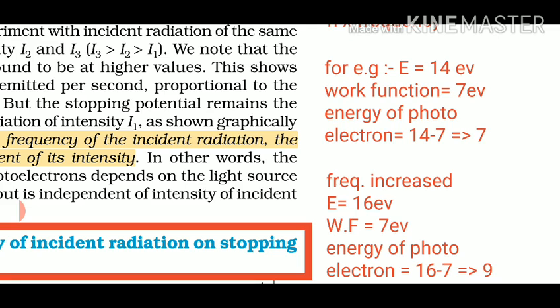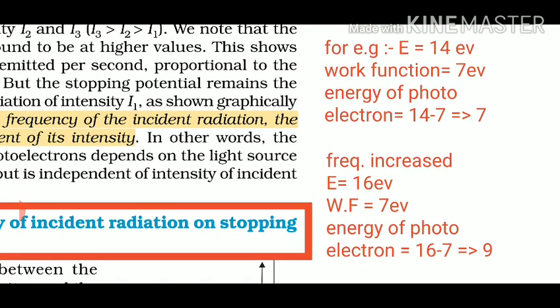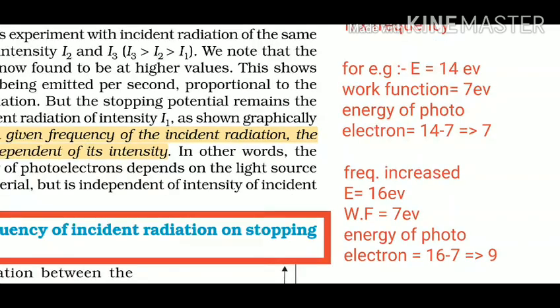So if the energy of the electron has increased with the increase in frequency, then the potential required to stop that higher energy electron will be more or less? Two electrons are there: one with 7 eV energy in one case, and in the other case a 9 eV electron.